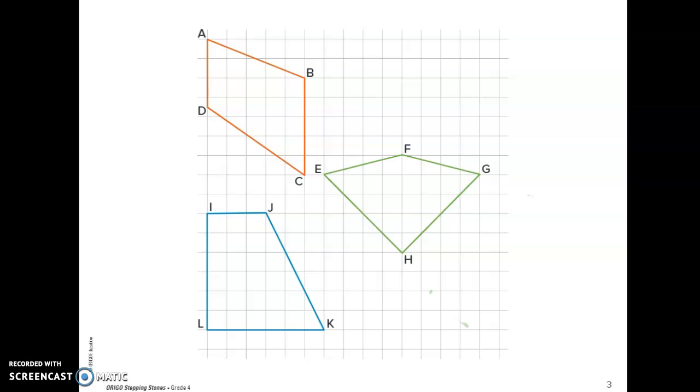So if I wanted to identify my perpendicular lines within these shapes, I could look here and say that IJ and IL, or LI, would be perpendicular because when they cross each other, they form this right angle. Okay, so that's a way you can look at those different angles within a shape.